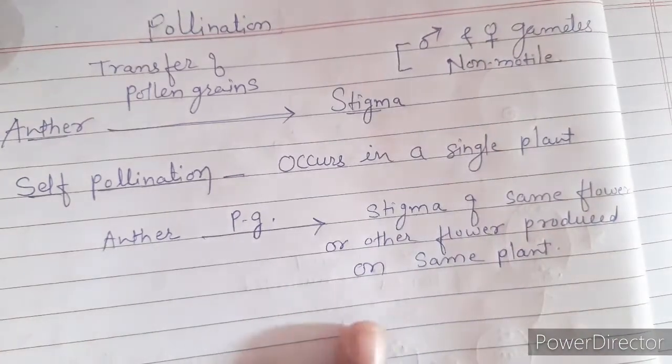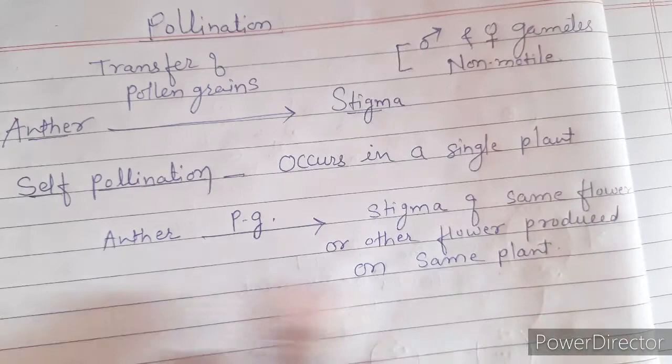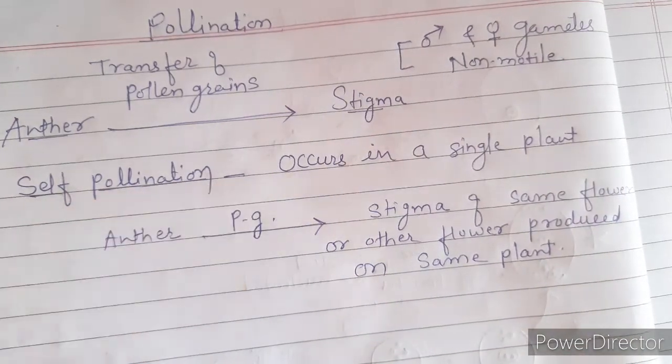Okay, same plant. Such type of pollination is called self-pollination.